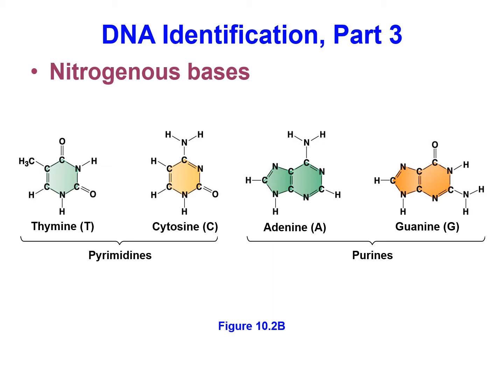Something else that's critical to know is whether the nitrogenous base is referred to as a pyrimidine or as a purine. So the pyrimidines are here on the left, and that's T and C, and the purines are here on the right.